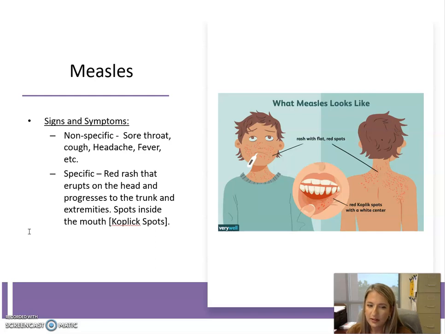It's not necessarily important for you to memorize the nonspecific signs and symptoms because those things are common for a variety of different diseases. I mean, yes, we see those types of things with measles, but we also see them with things like influenza, COVID, strep throat. So they really are nonspecific, and what we want to focus more on are the more specific signs and symptoms that we would only expect in cases where individuals had measles.